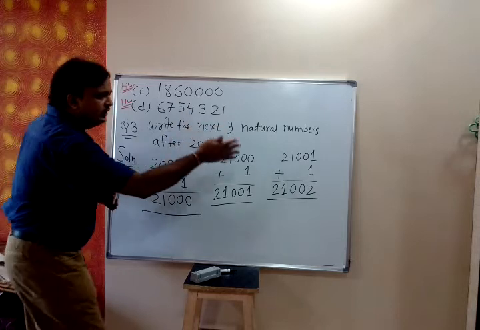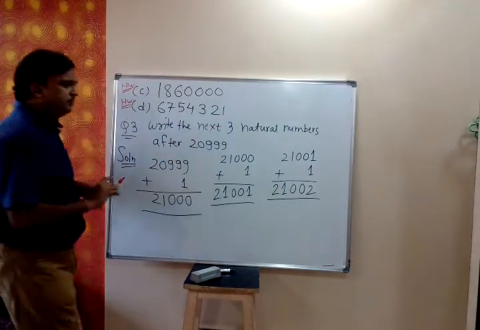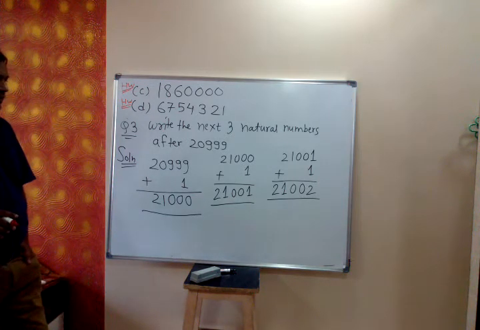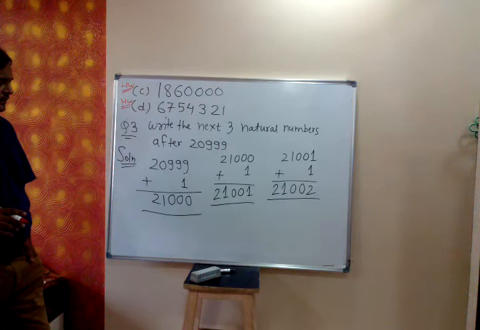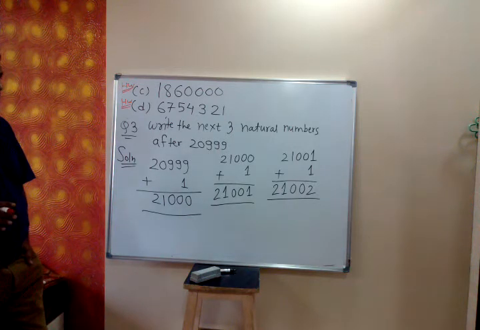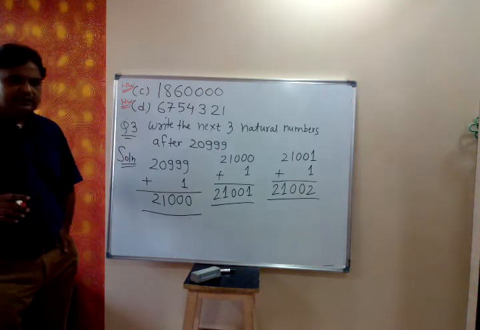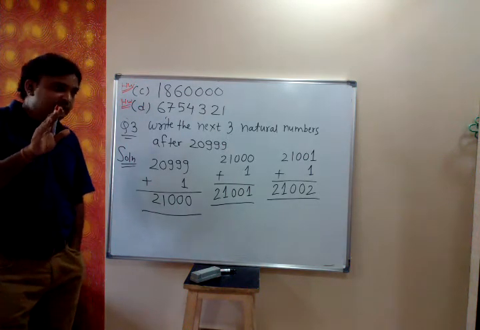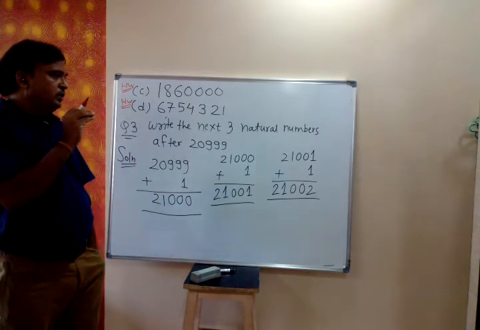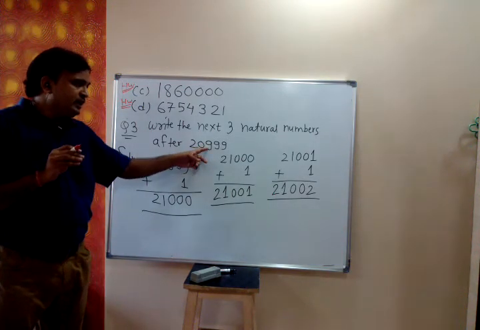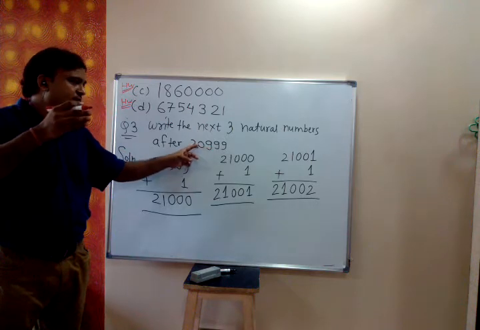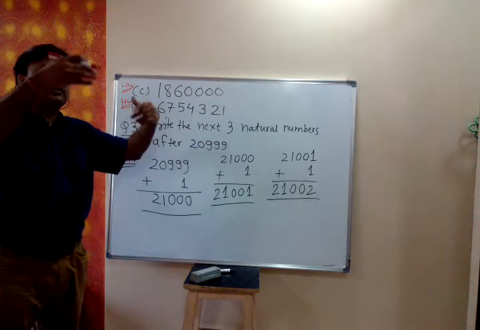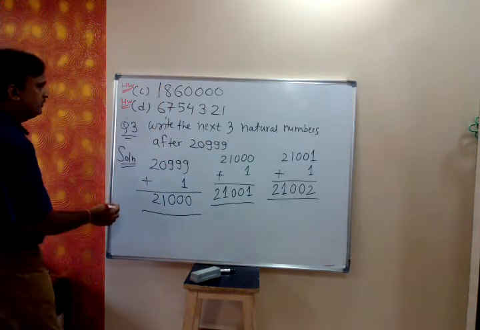If you write plus 3, you will get this number directly. You can do that way. What you can do: 20,999 plus 1, 20,999 plus 2, 20,999 plus 3. That way also you can do. No problem. Very good.